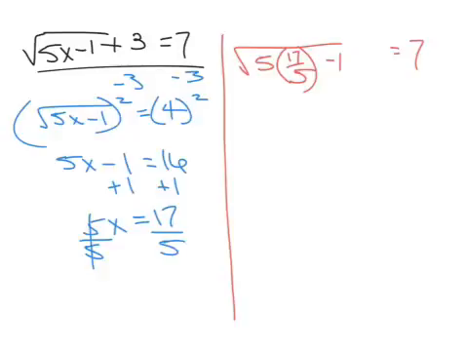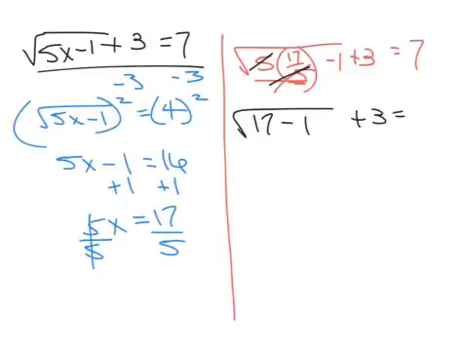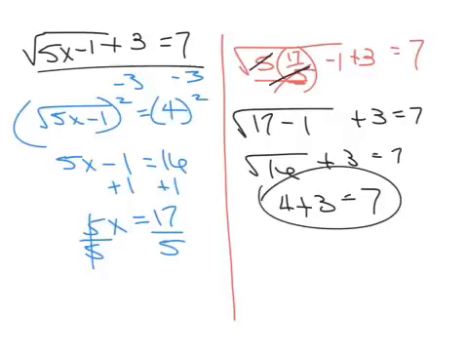Okay, so these will cancel. So we get the square root of 17 minus 1 plus 3 equals 7, or the square root of 16 plus 3 equals 7, or 4 plus 3 equals 7. And that works. I like that. So we're okay there. Alright, let's try the next example.